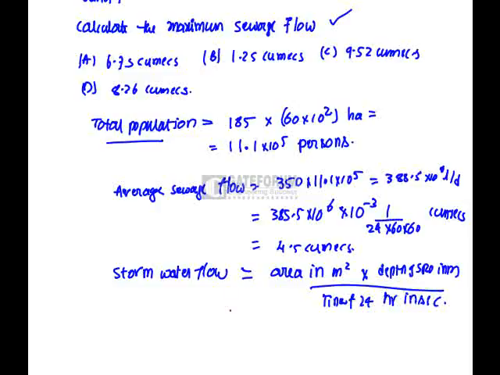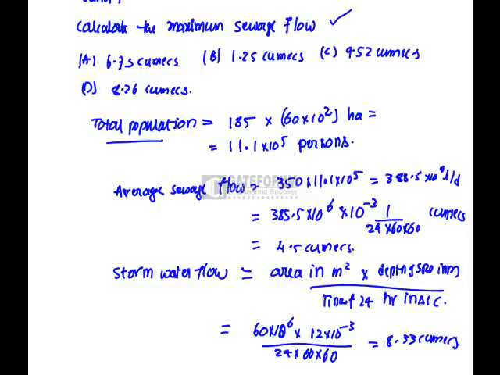The units are very important. So area in square meters is 60 into 10 to the power of 6, into depth of 12 mm, that is 12 into 10 to the power of minus 3 in meters, divided by 24 hours into 60 into 60, that is equal to 8.33 cubic meters per second.